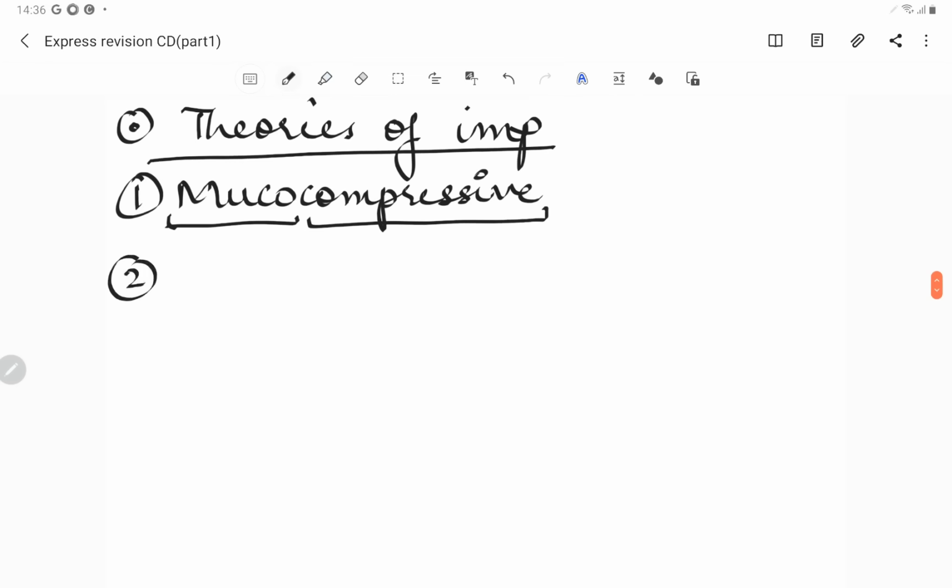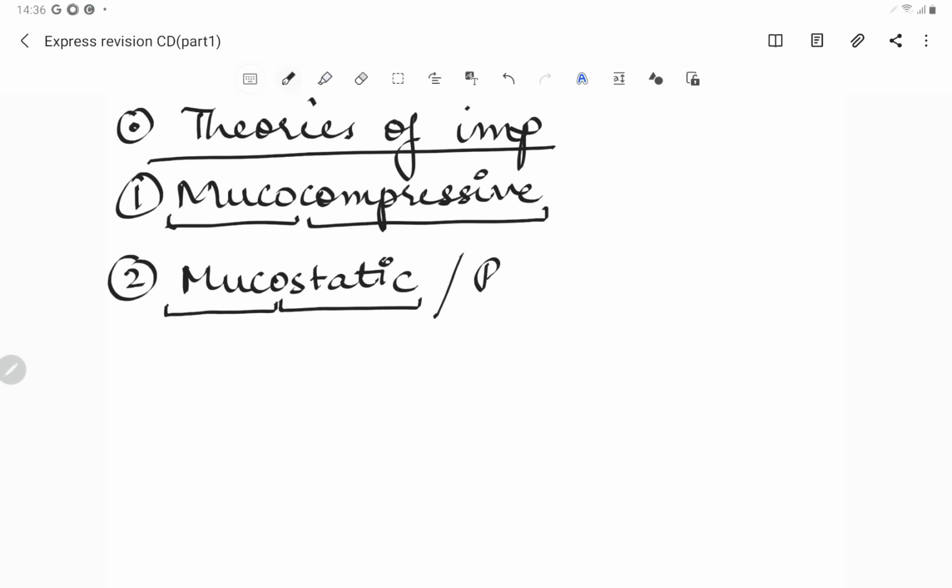The second one is the mucostatic. Static means there is no pressure which is applied. Muco means on the mucosa. Since there is no pressure applied, it is also known as passive impression.